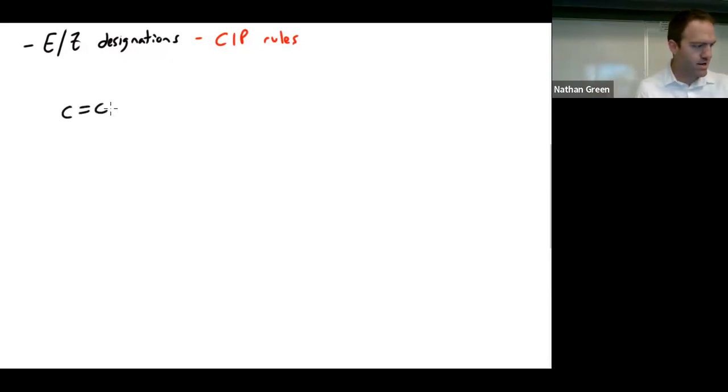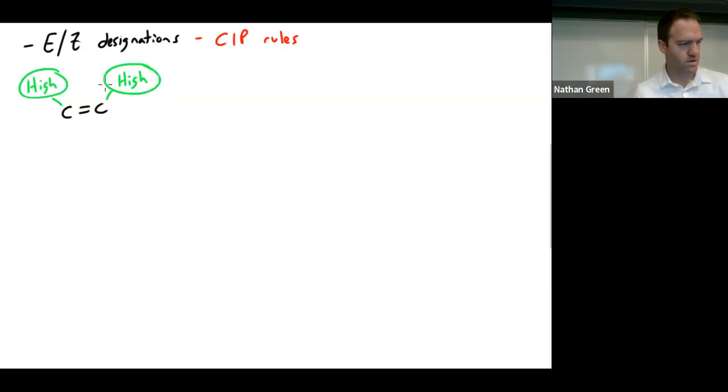Okay, we have two different designations here. If my high priority groups are on the same side, and what I mean by this, CIP rules to determine priority.